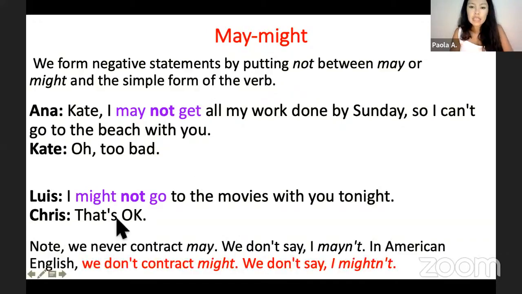And we don't use contractions with may or might. You remember, we usually have contractions with not, but we don't have contractions in this particular example. May not or might not doesn't have contractions. This is just a rule, okay? So remember, we just say not separated from the verb. Any questions here?